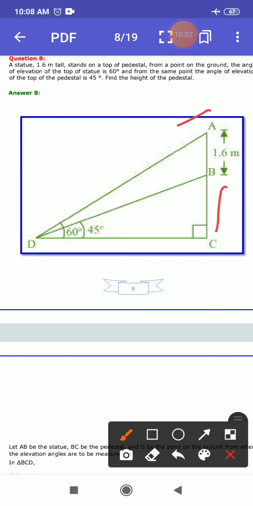So you have to write AB is equal to 1.6, and you have to find the pedestal height, that means the value of BC.